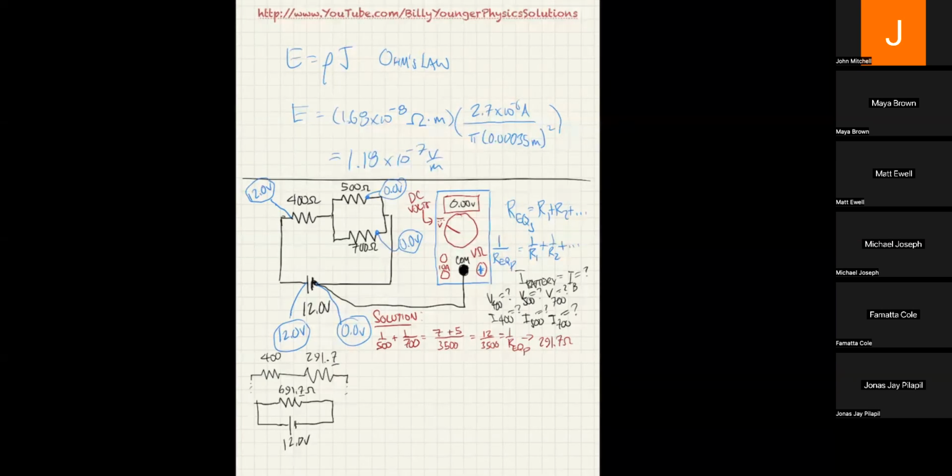In fact, what we're going to get is I battery. V equals IR tells us that I battery is equal to 12.0 volts divided by 691.7 ohms.